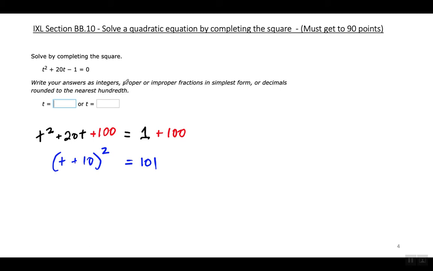Now the next step is to solve for t, so let's get rid of this exponent by taking the square root of both sides of the equation. The square root of t plus 10 to the second power is t plus 10. And the square root of 101 is going to be positive and negative, approximately positive and negative 10.05.